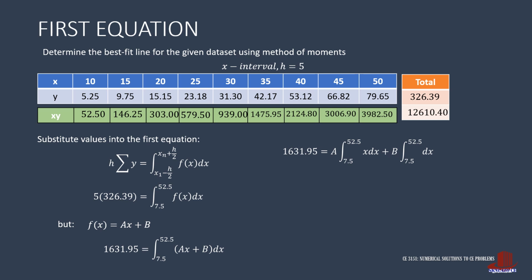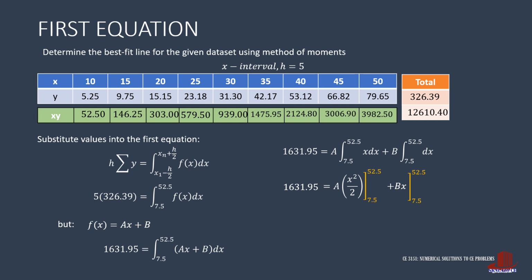Having the term simplified, it is easier to integrate them, giving out the first moment as 1631.95, which is equal to the constant a with x squared over 2 plus b times x, the limits of which are 7.5 and 52.5.